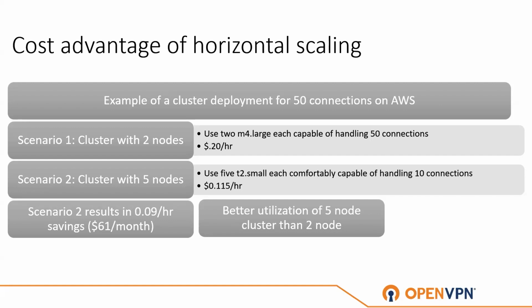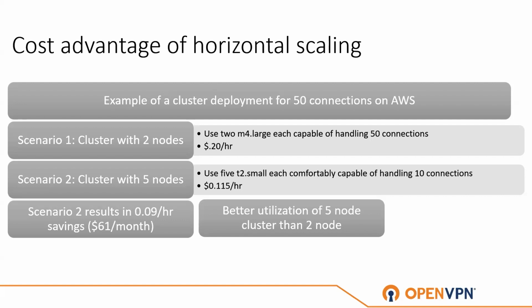Whereas in scenario two, we go for one-to-n redundancy using five instead of two, five T2 small instances. And each of these instances can comfortably handle 10 connections. So the cost of this configuration is around 12 cents per hour.